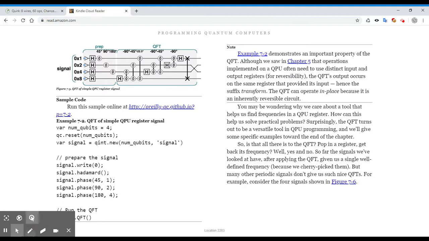So here basically you've got, okay, interesting. Here you've got a preparation, which I don't know what it does. Okay, nothing. That's if we just focus on the QFT.